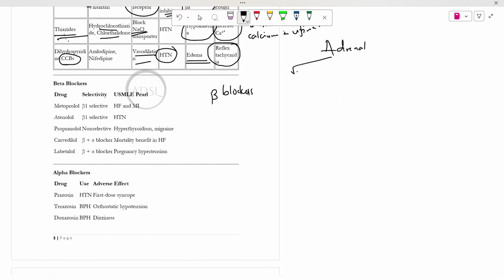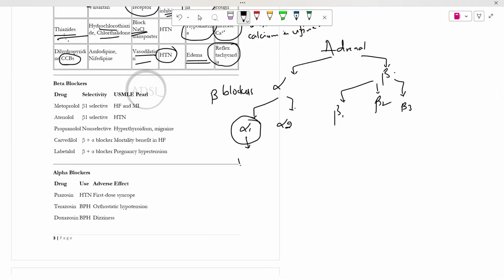adrenergic receptors, there are alpha receptors and there are beta receptors. Alpha has alpha 1 receptor, alpha 2 receptor. Beta is beta 1, beta 2, and beta 3. Now, out of this, alpha 1 causes vasoconstriction. At present, I'm only talking about what effect it has on blood pressure.